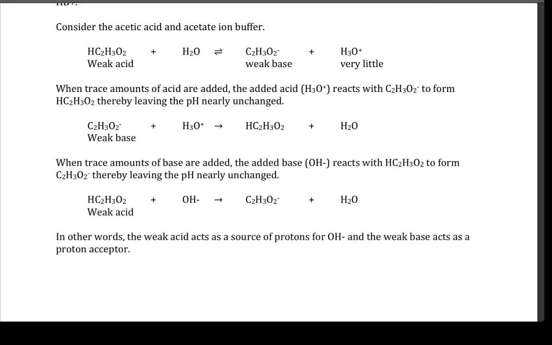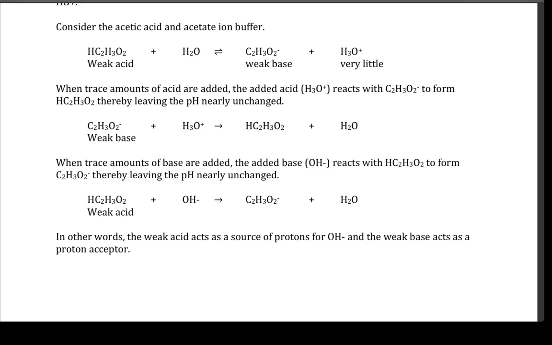According to the third reaction here, we have the weak acid HC2H3O2 plus OH minus yielding C2H3O2 minus and water. That reaction again goes all the way because we don't have water as one of the reactants.